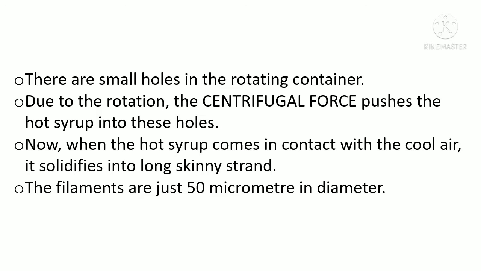Due to the rotation of the coil or component, the centrifugal force will push the hot liquid syrup into these holes. This hot syrup will come in contact with the cold air, so it will solidify and become long skinny strands. These strands are just about 50 micrometers in diameter, which is very small. So here we have 2 properties in cotton candy making, that is melting point and centrifugal force.